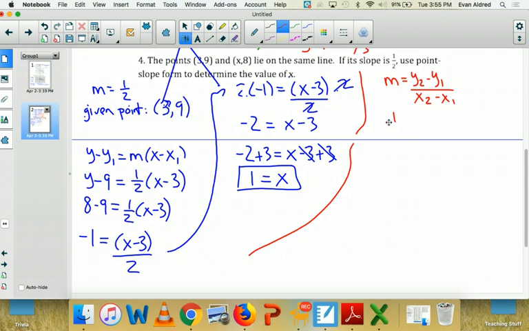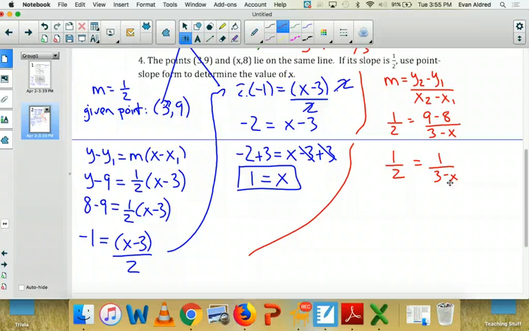Our slope is 1/2. Then we would have 9 minus 8 over 3 minus x. This leaves us with 1/2 equals 1 over (3 minus x).